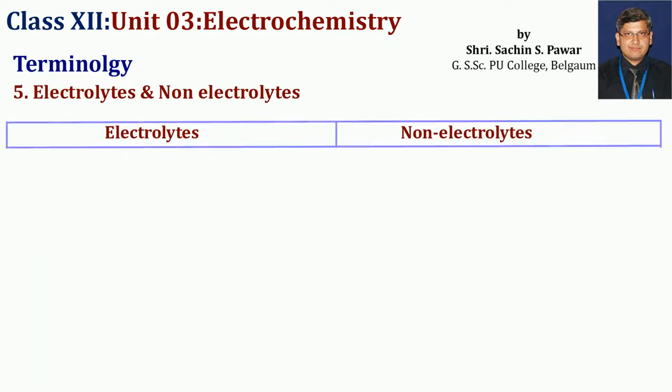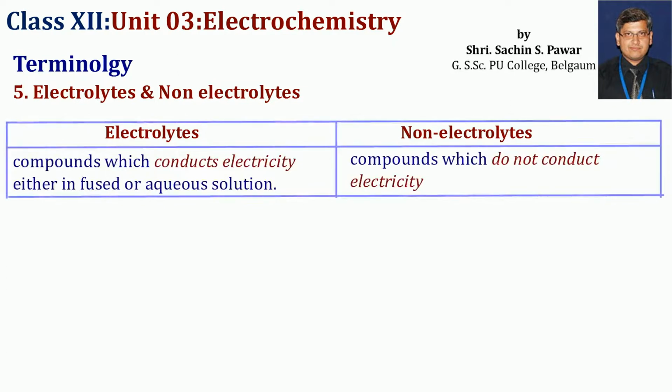With this brief required idea of the first 4 terms borrowed from physics, we will now learn the remaining terms in detail, and the first term to be learnt is electrolytes and non-electrolytes. Let us compare. Electrolytes on the left hand side are those substances which conduct electricity either in fused or in aqueous state.